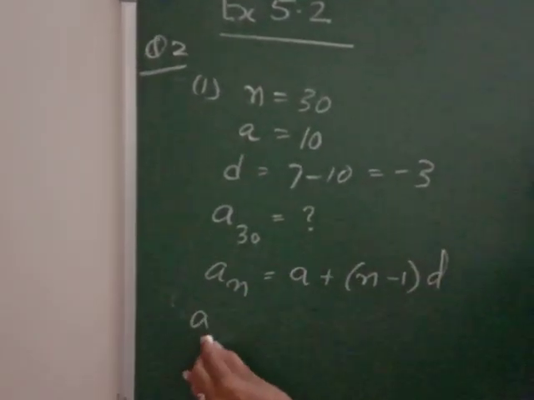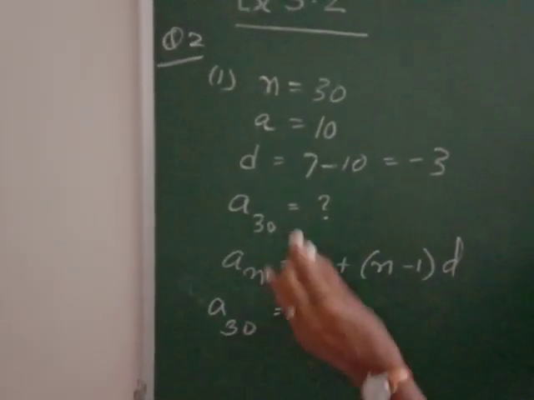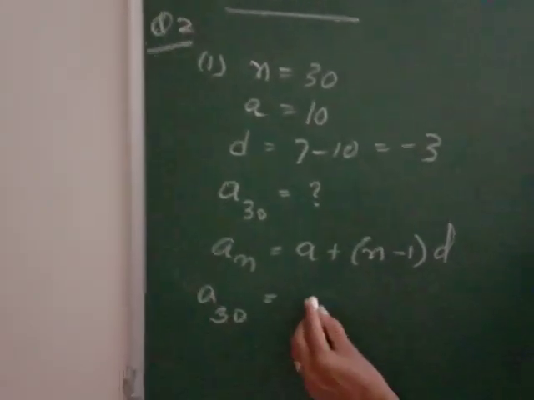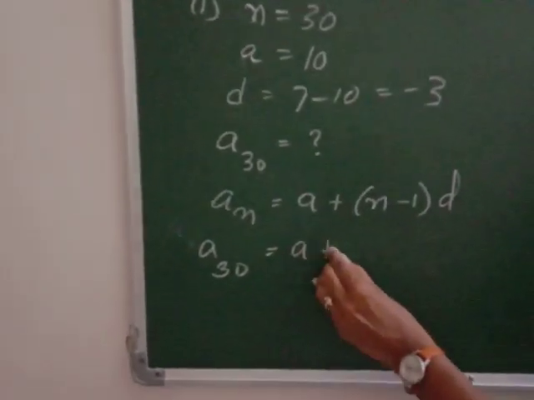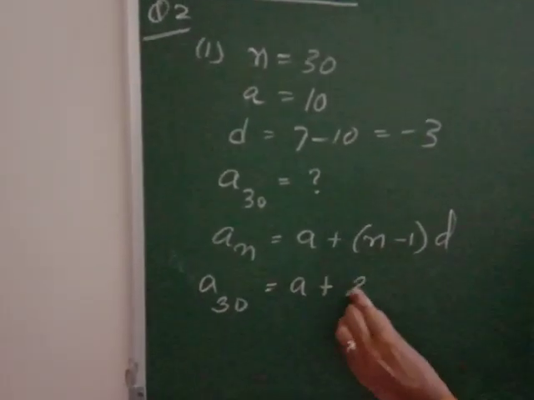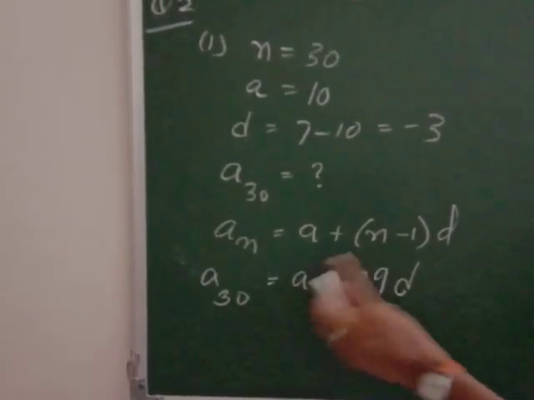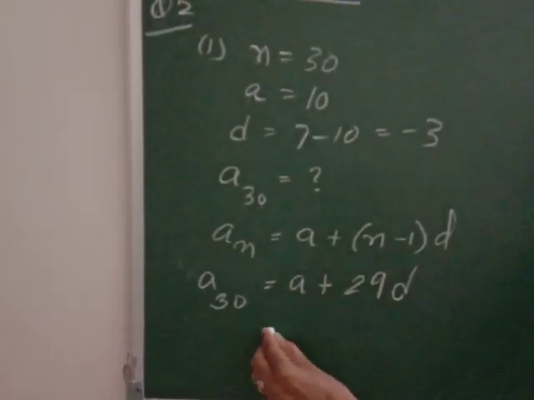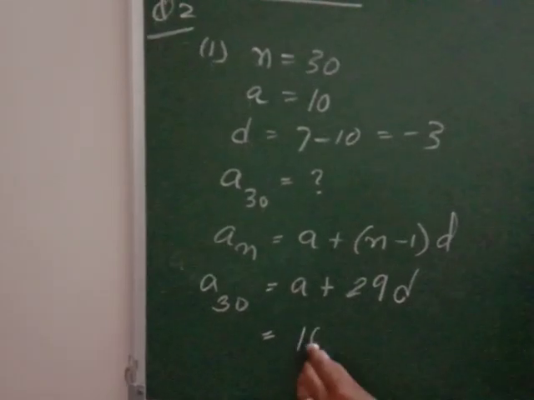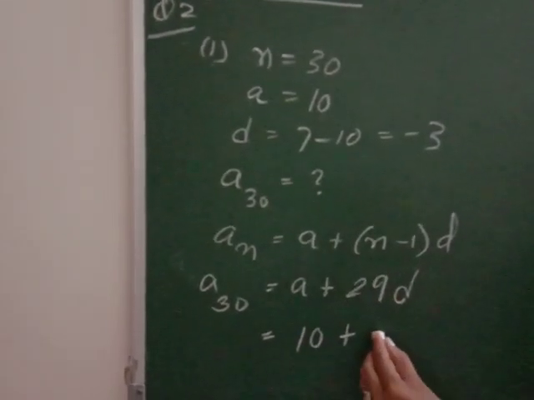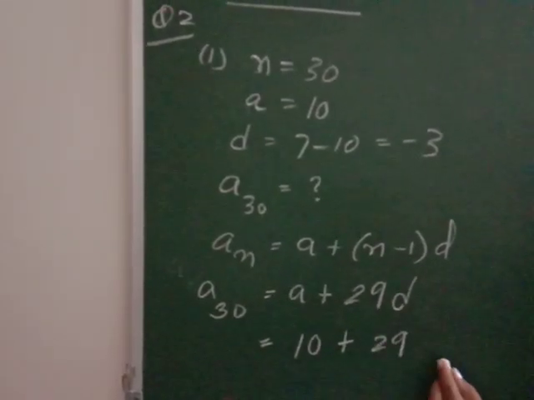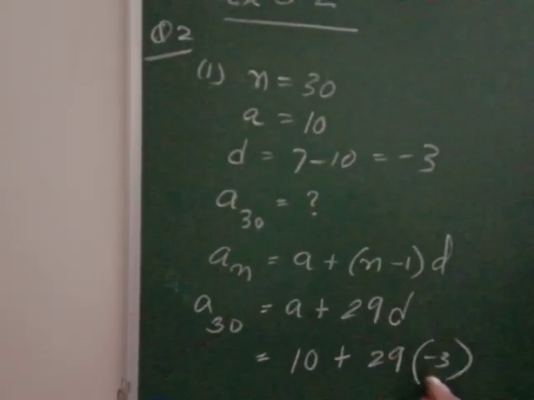So what will be the 30th term, that is A30? It will be A plus 30 minus 1, so it will be 29D. Now what is A given? A is 10 plus 29. How much is D given? Minus 3.